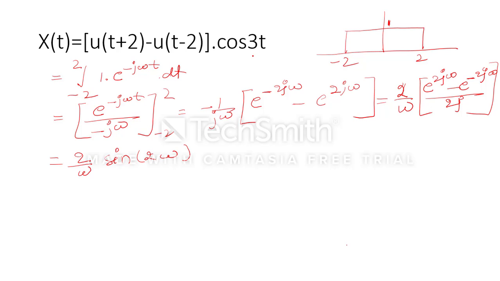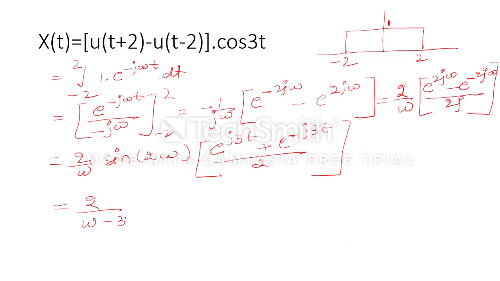As cos 3t is there, if we change it into exponential function, it will become (e^(j3t) + e^(-j3t))/2. So we can see that using frequency shifting, it becomes 2 sin 2(ω-3) over (ω-3), and for this one, this term 2 will be cancelled out.